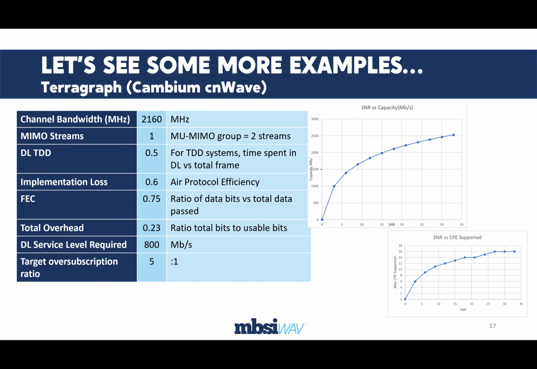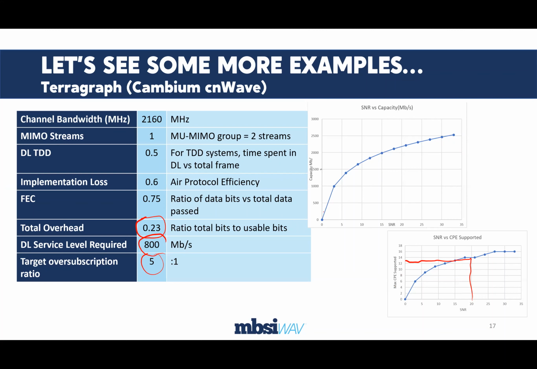My implementation loss is a little bit higher because I'm doing a mesh. My forward error correction is the same, but my total overhead, my efficiency, is about 20-25%, give or take. If I want to supply an 800 megabit service at a 5-to-1 oversubscription ratio, I end up at pretty much the same value, 12, 13, 14 CPE per sector.